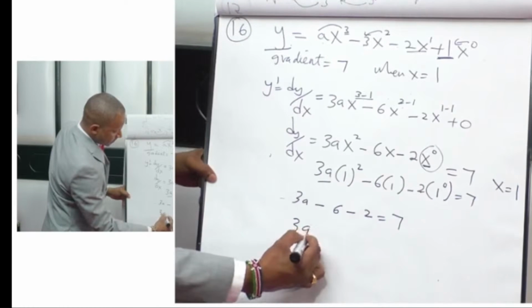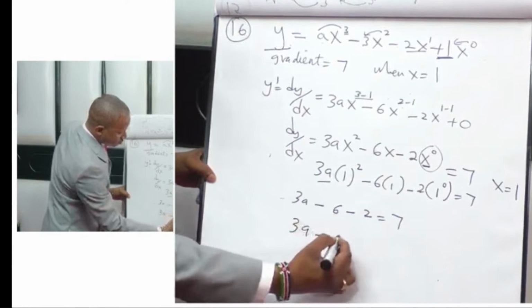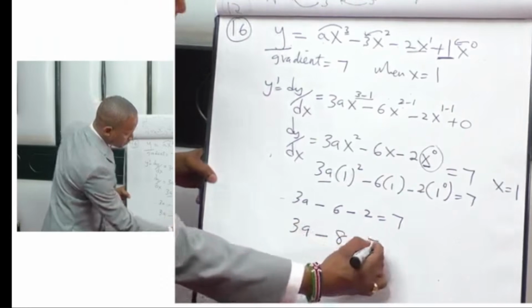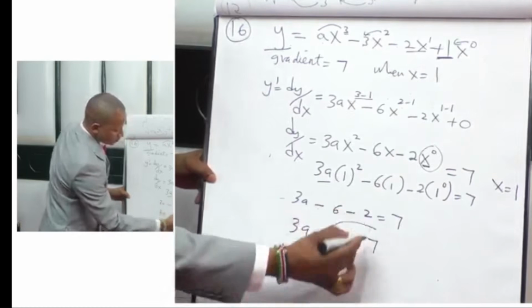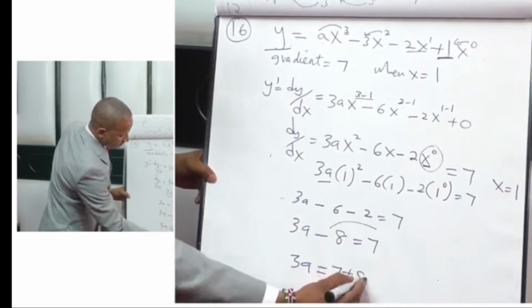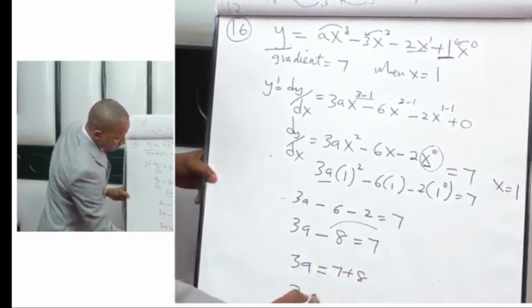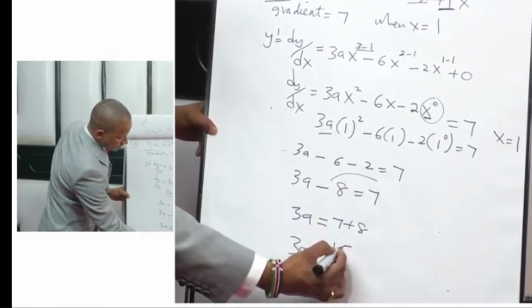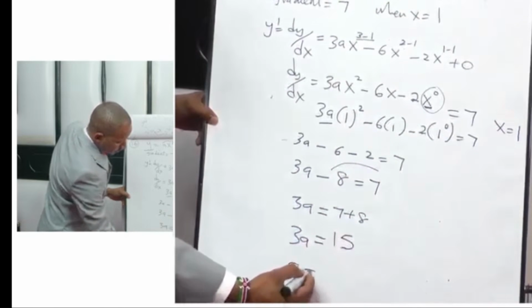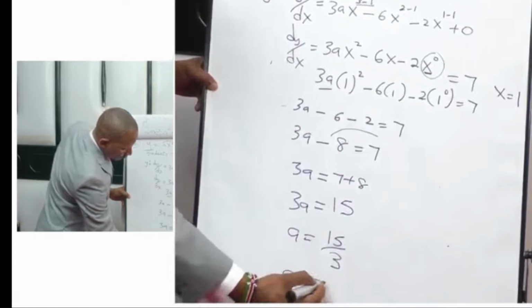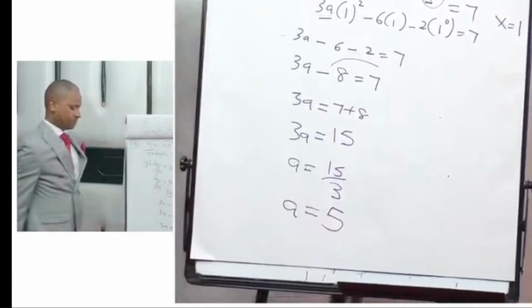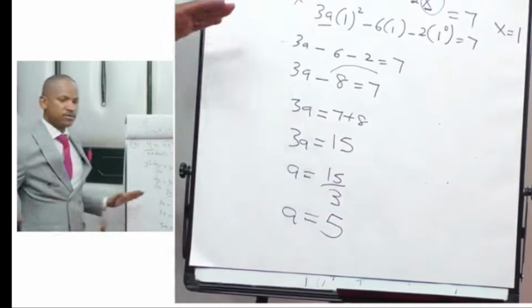This is 3a, minus 6 minus 2 is minus 8, equals 7. This is 3a equals 8 goes to the other side, becomes 7 plus 8. This is 3a equals 7 plus 8 is 15. a equals 15 divided by 3. a equals 5. Simple as that.